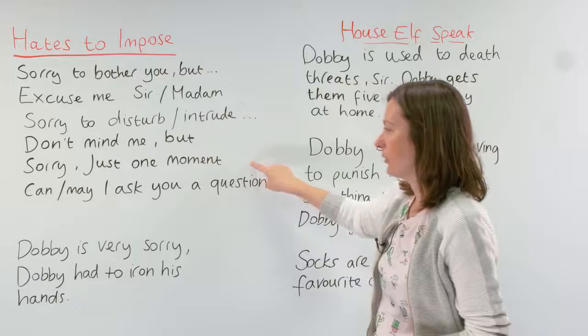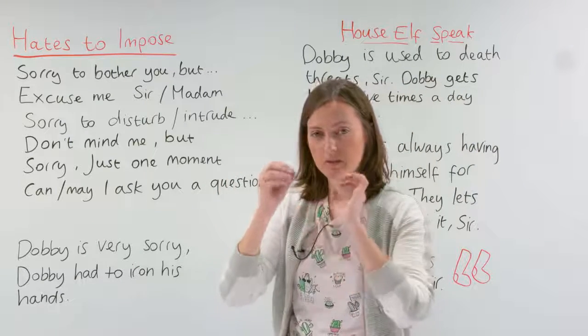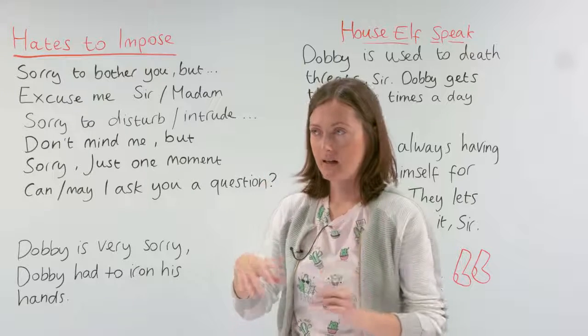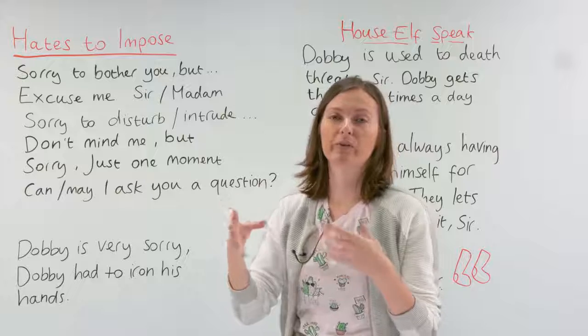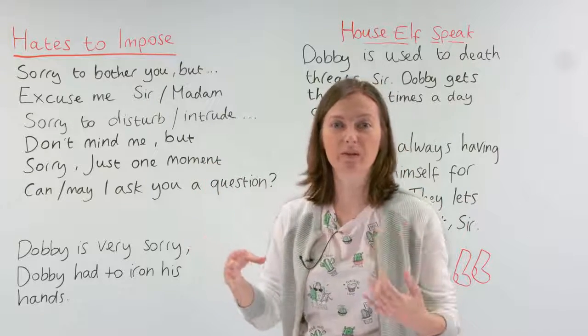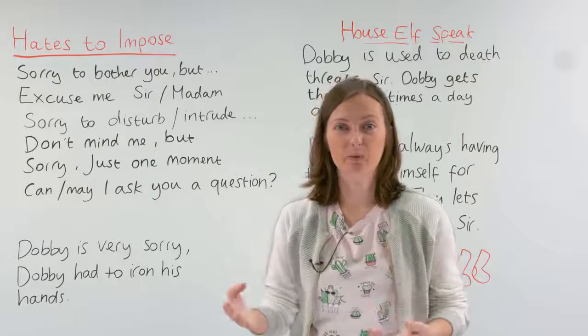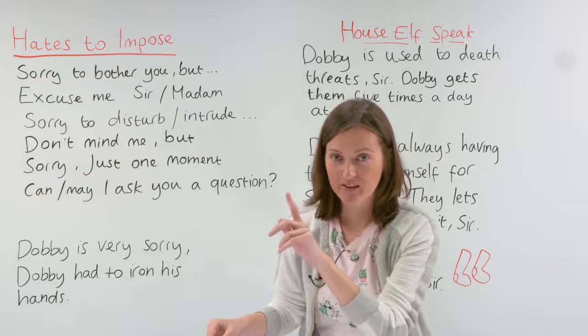And this other example could be, you just have something very, very quick to say, and perhaps you've been waiting for a moment to say it, but the people keep talking and it feels like there's not a good moment. But if you don't speak now, you'll be standing there all day. So you say, sorry, just one moment.